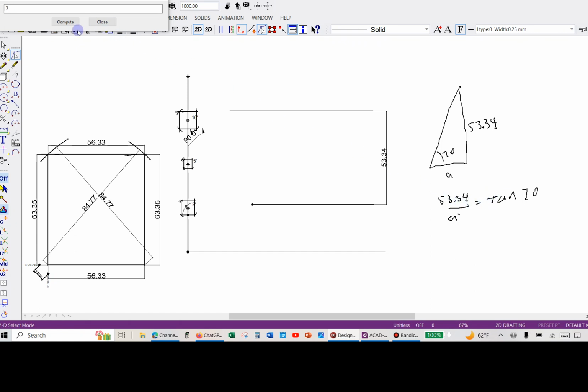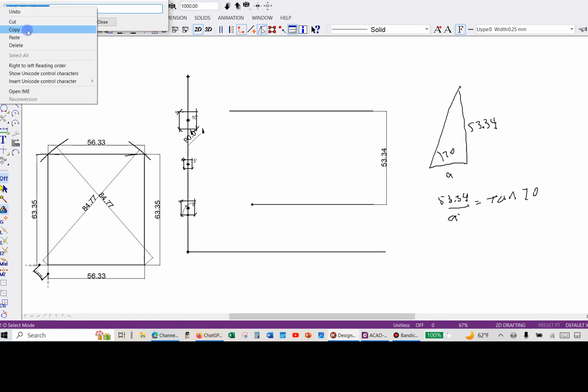And then you use your algebra to solve for A. It ends up being 53.34 divided by tangent, TAN, open parenthesis, 70. All right. Let me copy that. Control C. Hit compute. Control V, equals, make sure it's blown up so you can see it.